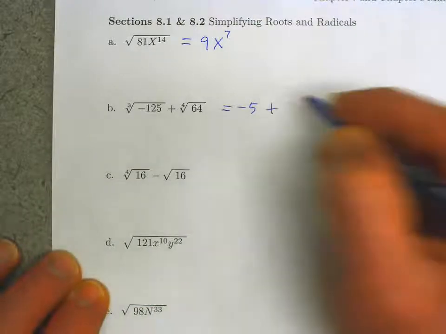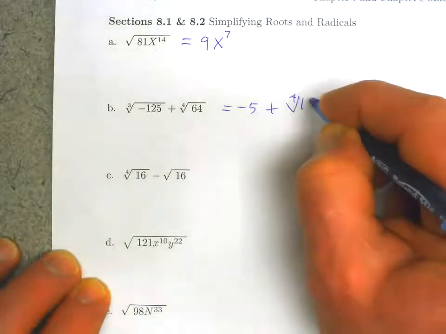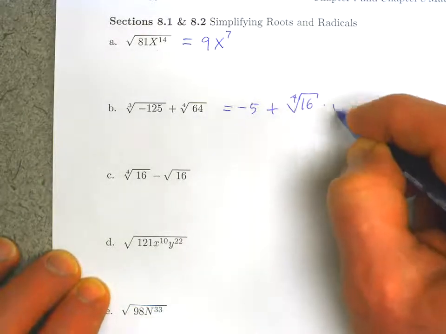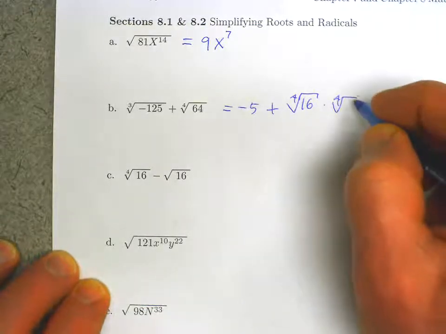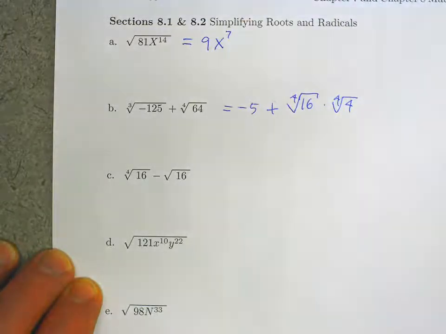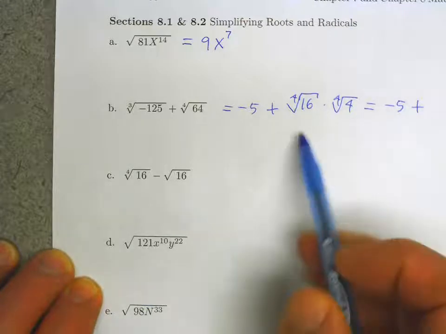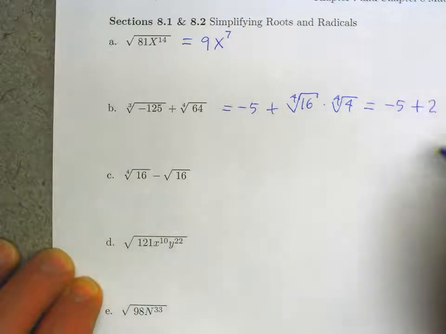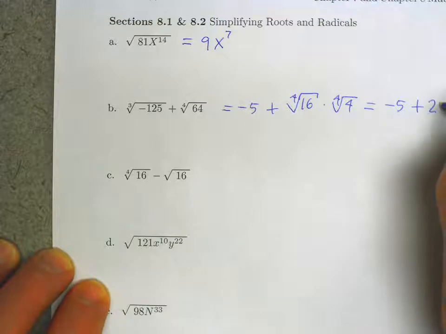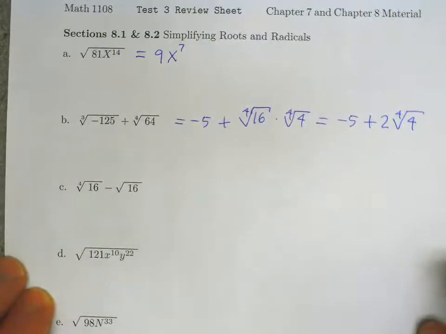So we can rewrite the fourth root of 64 as the fourth root of 16 times the fourth root of 4. And then in the next step, -5 plus, the fourth root of 16 is 2, because 2 to the fourth is 16. And so -5 plus 2 times the fourth root of 4. That's the final answer on that one.